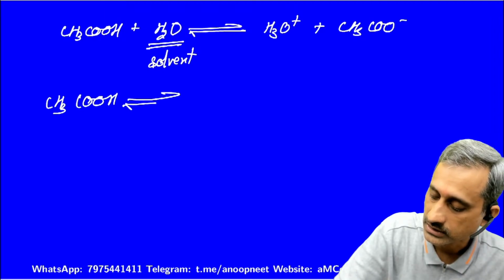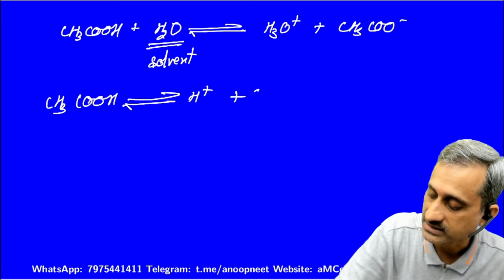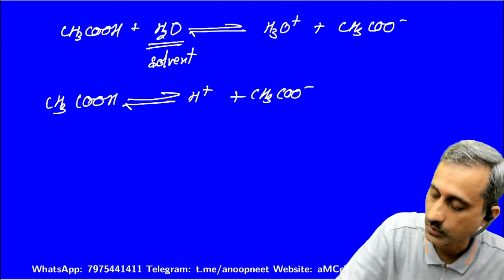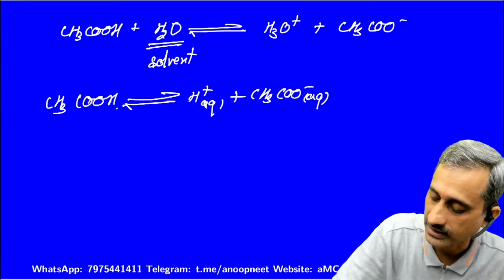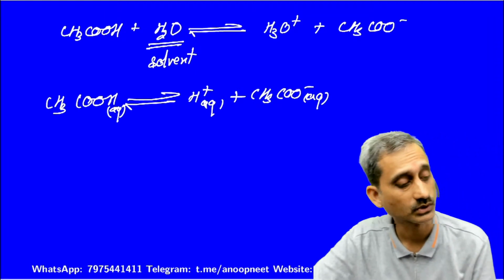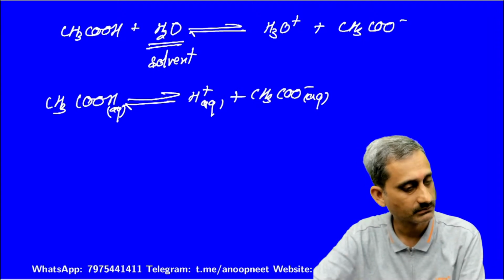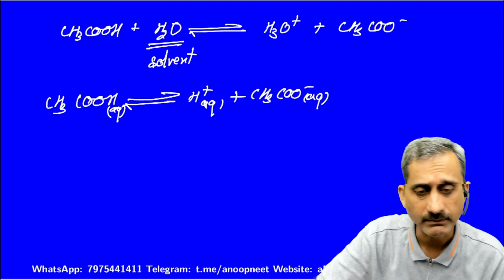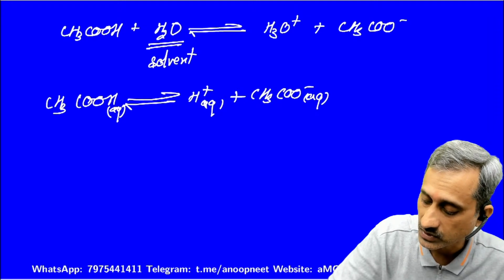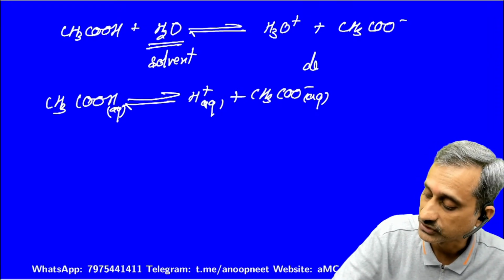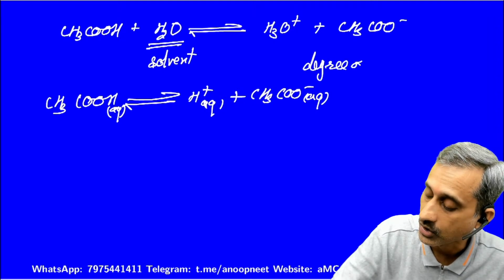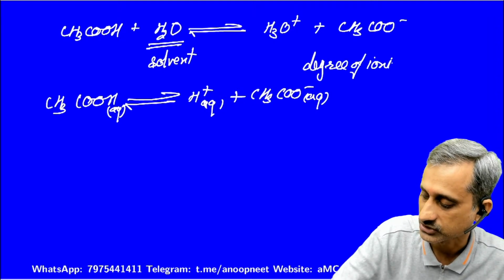CH3COOH is in equilibrium with H+ plus CH3COO-. Now, remember, ये सारा का सारा aqueous medium में हो रहा है. Everything is in aqueous medium, so that is what we need to remember. Now, when it happens in the aqueous medium, अब इसको जब हम solve करते हैं, यहां पर फिर से we can use the degree of dissociation or, I should use the word, ionization.